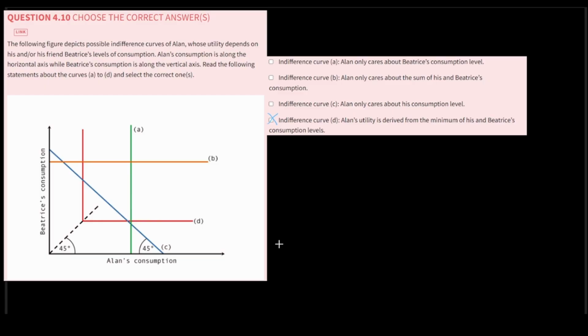Well, let's go take a look at the next example. Okay, so here we have a sequential game. This is an example of the ultimatum game. Let's read the question to start off. The figure shows the game tree for an ultimatum game where the proposer has $100 and offers a proportion of it to the responder.